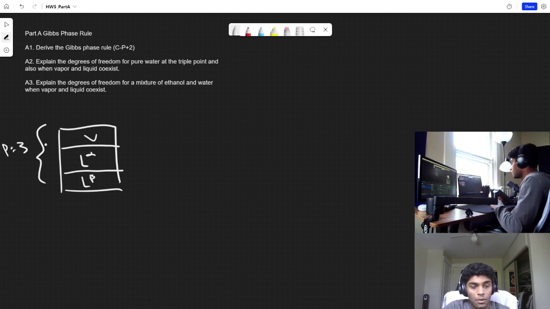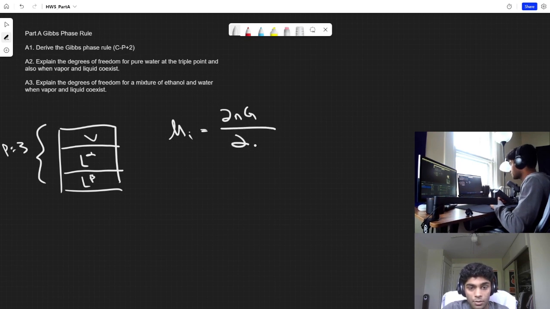And so what we can talk about now is something we want to call the chemical potential. And the chemical potential is simply defined as the derivative of the total Gibbs free energy, which is the number of moles times the Gibbs energy per mole, with respect to the change in moles when we keep the temperature, pressure, and some moles J not equal to I constant.